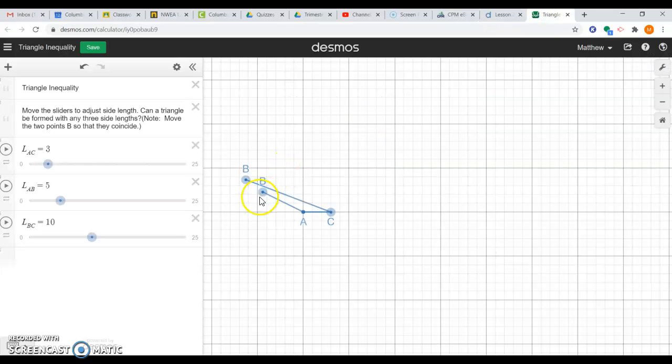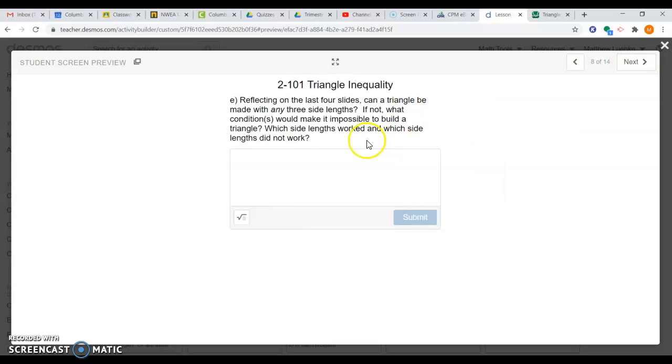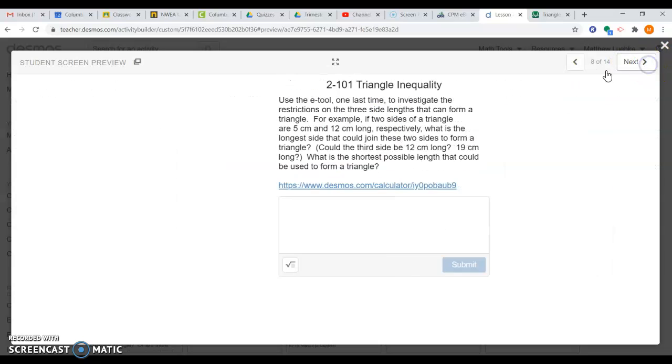One thing that I like to bring up is when I add this length here, 3, and this length 5, I get 8, and this length B here is 10, and it just looks like it's too long. So think about what I could maybe change, adding or subtracting, to figure out what length would actually work, and that would be a good reflection for this box here.